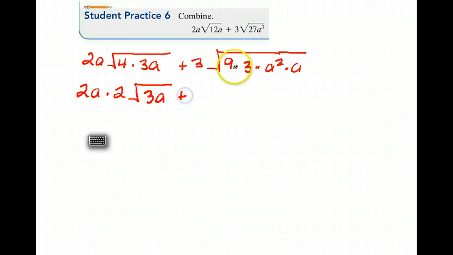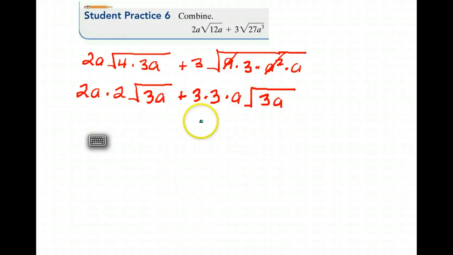Moving on to the next term, I'm going to evaluate my square root of 9, so that's going to leave me with 3 times 3, and look for any other perfect squares underneath that radical, and I have a squared. The square root of a squared is a, so that's going to get multiplied to my coefficients as well. What do I have left under my radical? Just 3a.